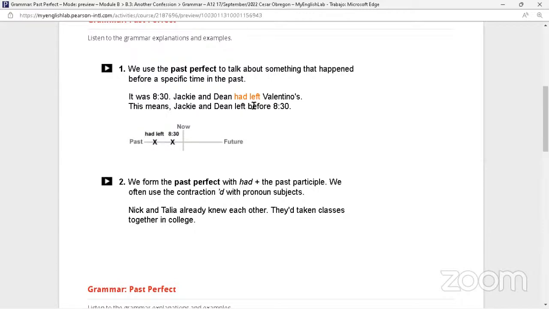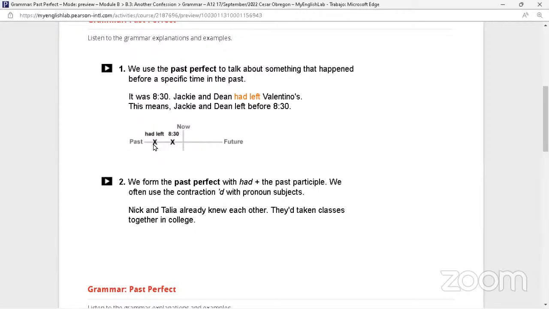Imagínate, estamos ahorita y tú me dices, eran las 8:30 y Jackie y Dean ya se habían ido. Pero no sabes a qué hora se fueron. Lo único que sabes es que cuando tú checas que eran las 8:30 ya se habían ido. Perfect. It's a little bit tricky, but not difficult, okay?